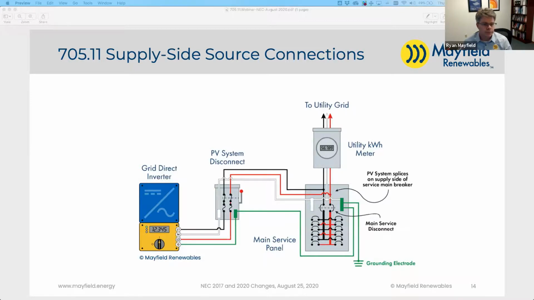All right. So one idea I had about that, if you've checked out those inline fuse holders, it's basically an MC4 connector on both ends. So you would just plug into it and then leave it.